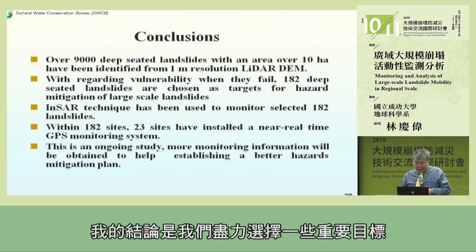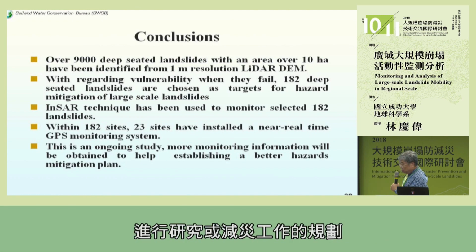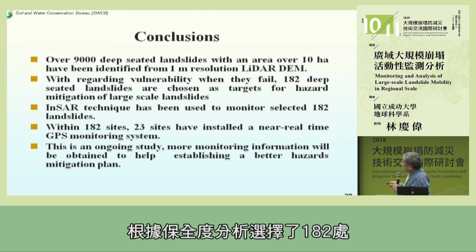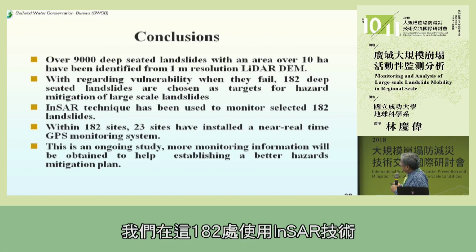So my conclusion is we try to select some important targets to study for deep-seated landslide hazard mitigation. There are over 9,000 deep-seated landslides, and we selected 182, considering only vulnerability.